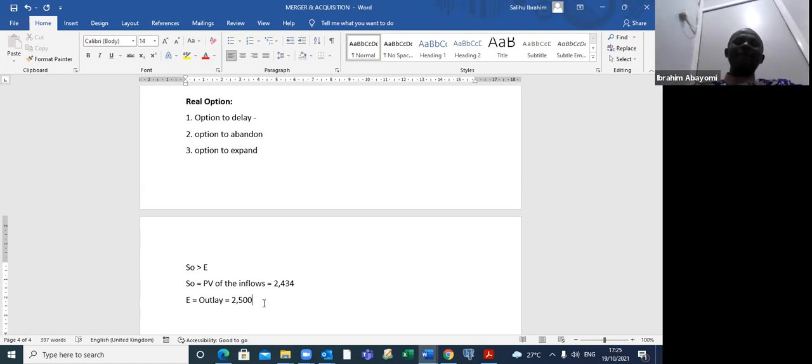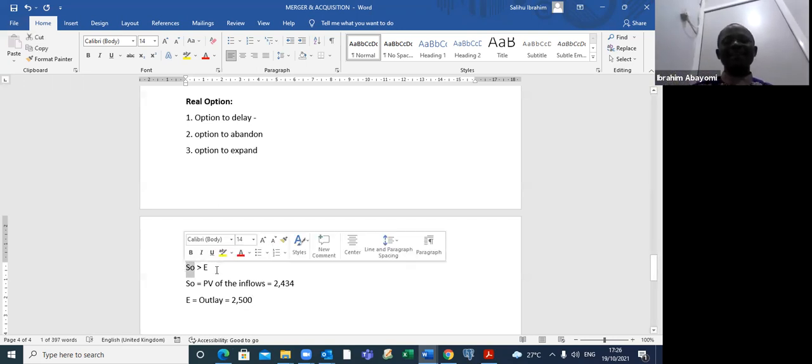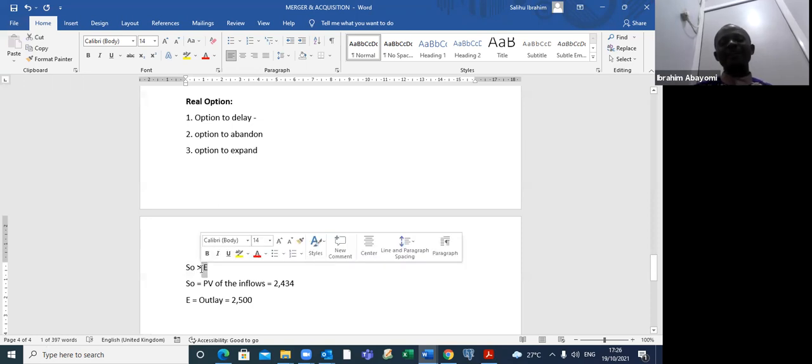So it means that I am buying the project. Call option is option to buy. So what option am I buying? An option that will enable me to buy the project in the future, in 2 years' time. So option to buy is a call option, and a call option will only be exercised where the stock market price is higher than the exercise price.